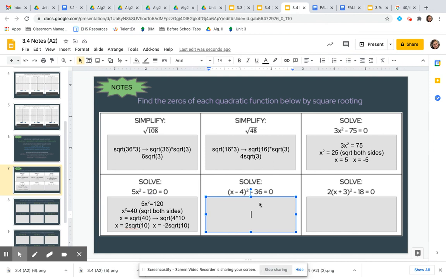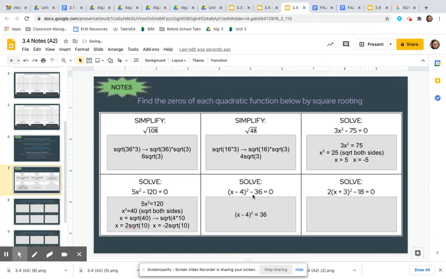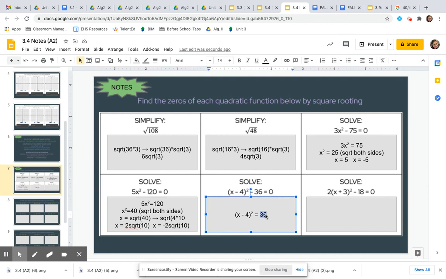Coming over here, I'm going to type x minus 4, control period 2, equals 36, because I'm adding this 36 to the other side, and then I'm taking the square root of both sides. So I get x minus 4 equals 6, and x minus 4 equals negative 6.